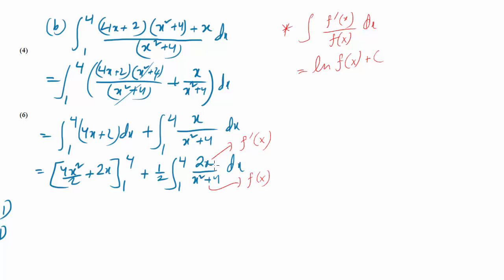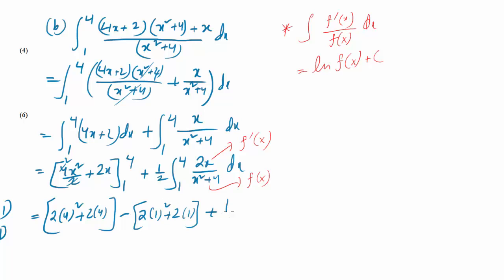So from the special rule of substitution, we can just write this as ln of x squared plus 4. So the 2 cancels, we put 4. This will be 2 times 4 squared plus 2 times 4, minus 2 times 1 squared plus 2 times 1, plus half.